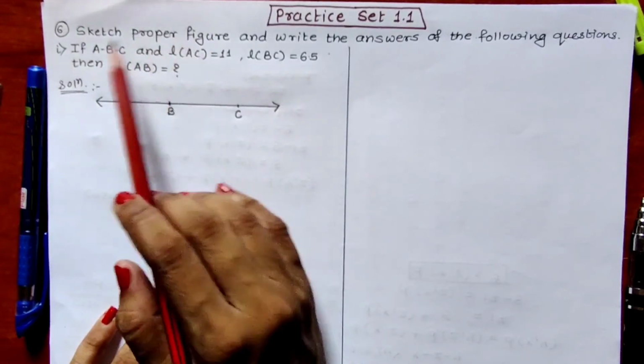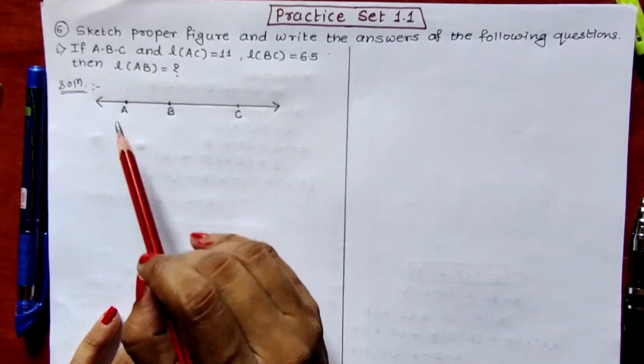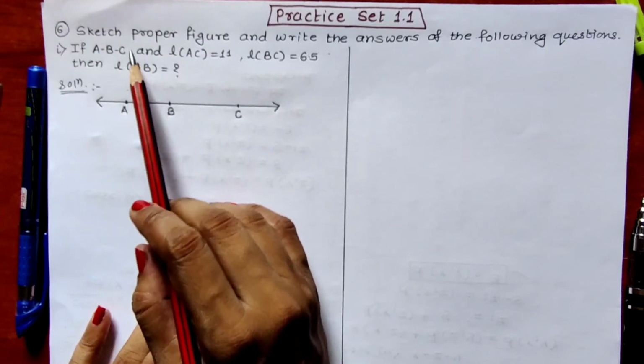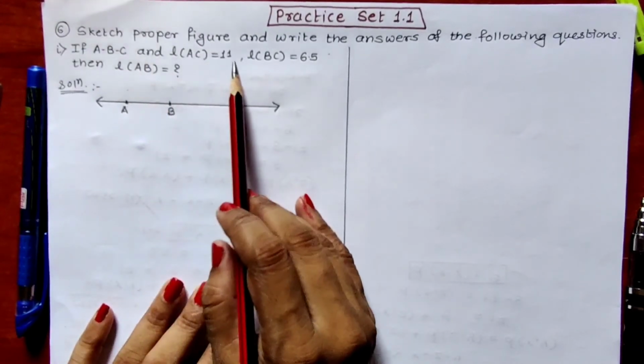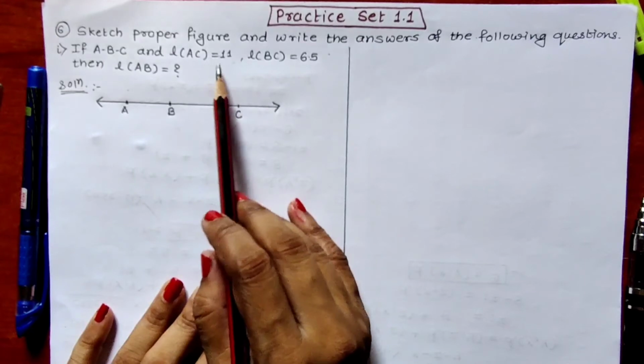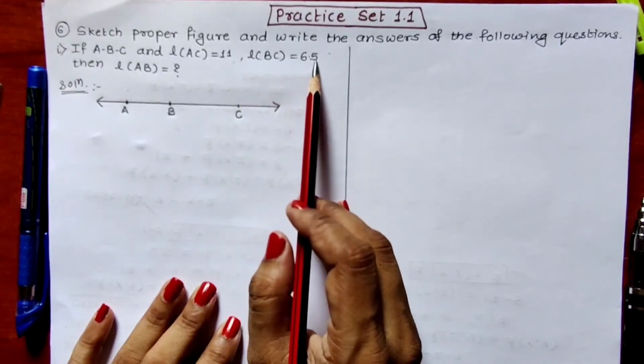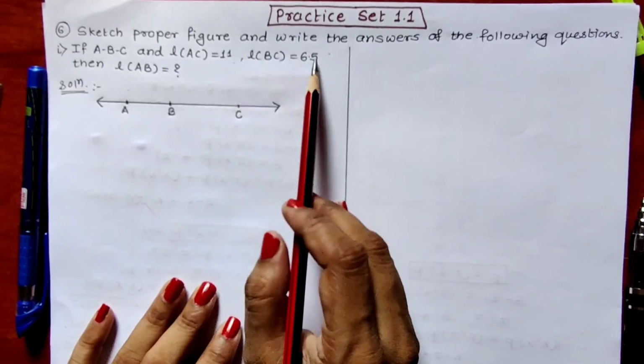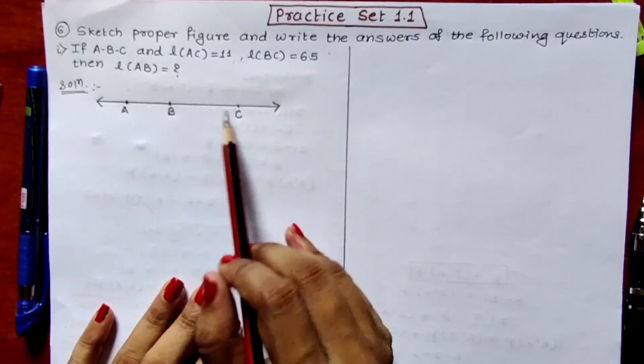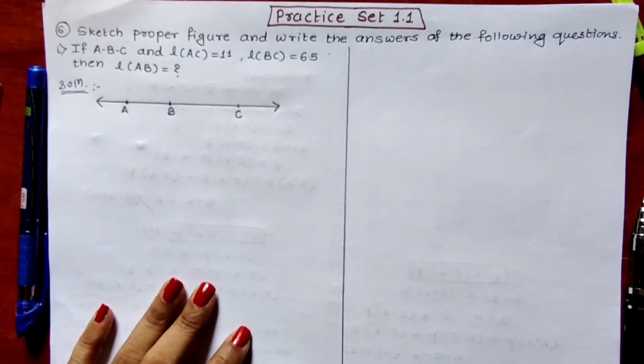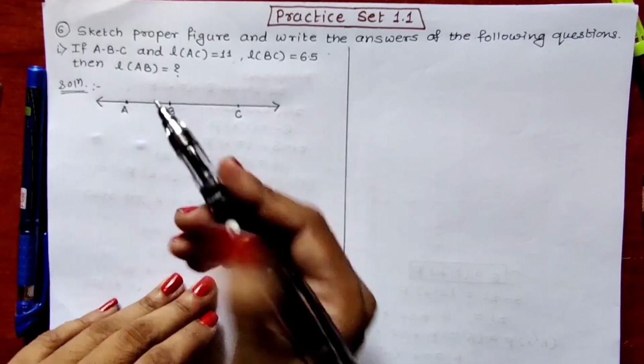If you had to draw a proper figure, you would have to take AC as 11 centimeter and BC as 6.5 centimeter, but no unit is given, so you can draw like this. Now let us solve the sum.